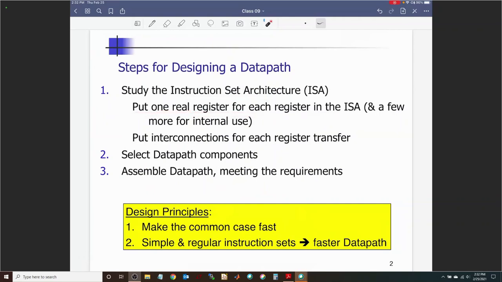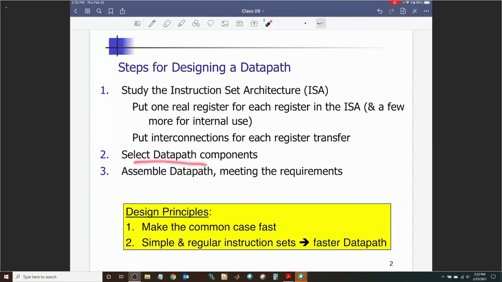So suppose you have 32 registers in your ISA, then you're going to need 32 real registers in your register file, which will eventually be in a hardware form. And we are going to also probably need a few more for internal use. And then we'll put interconnections so that we can have register to register transfer.